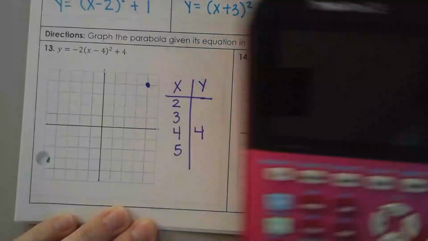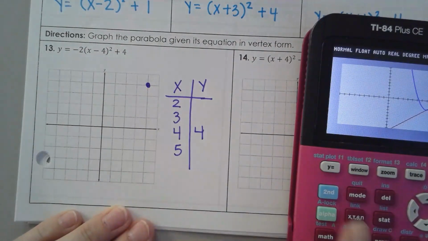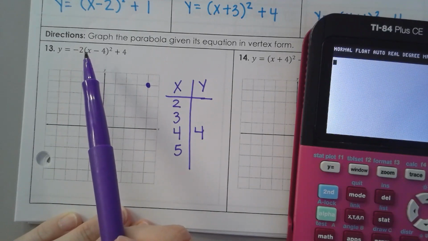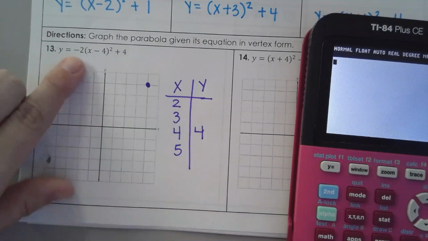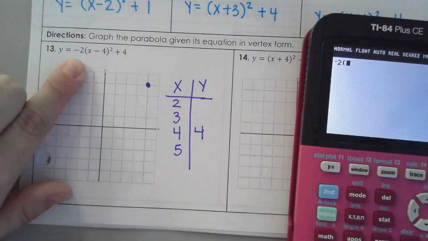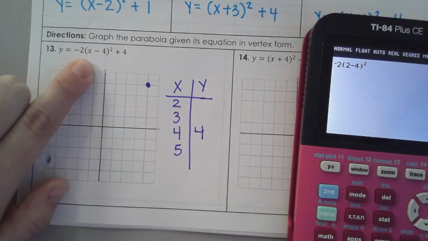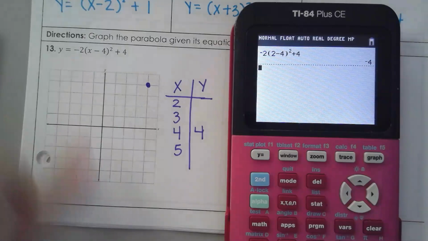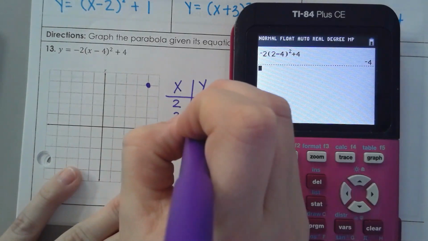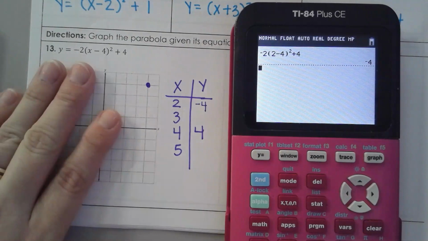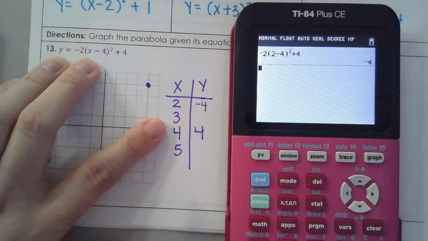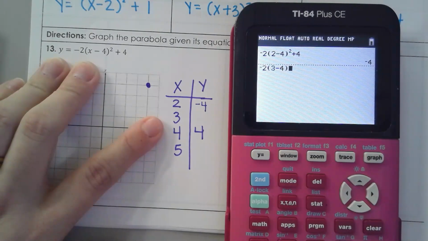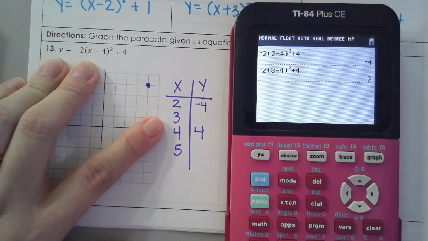Then I can take these x values and plug them into the equation, and it would tell me what the y value is. If I use the 2, type that in, and I get -4. Plug in a 3 for x, and you get 2.